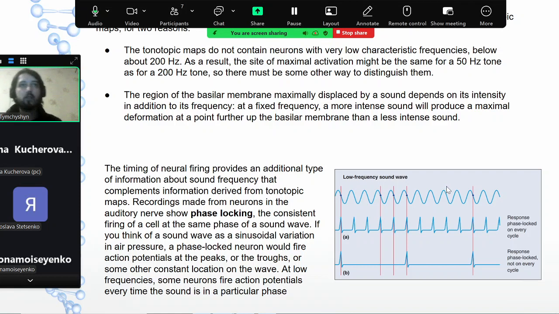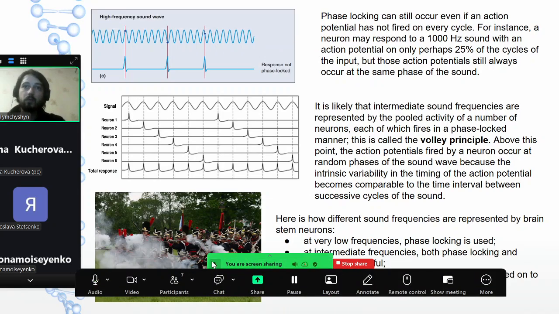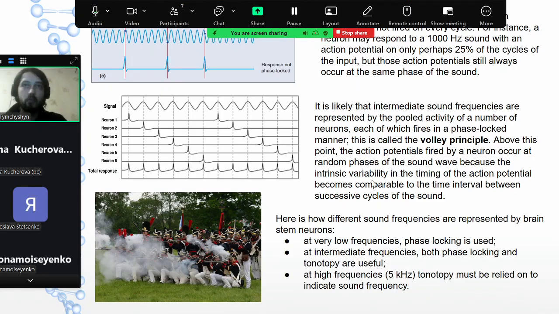Many sounds have frequencies much higher than the frequency our cells are able to react to, and our cells use so-called phase locking, firing action potentials during a certain phase of the signal. If many cells fire during a certain phase, you get this volley effect or volley principle.